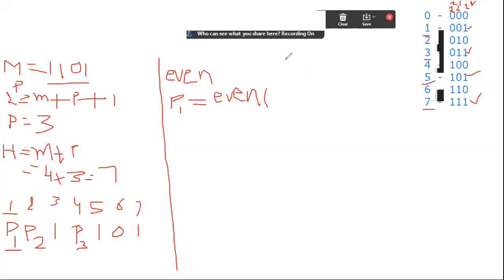So even parity of 1, 3, 5, 7. Write this down in the Hamming code and take the bit positions.